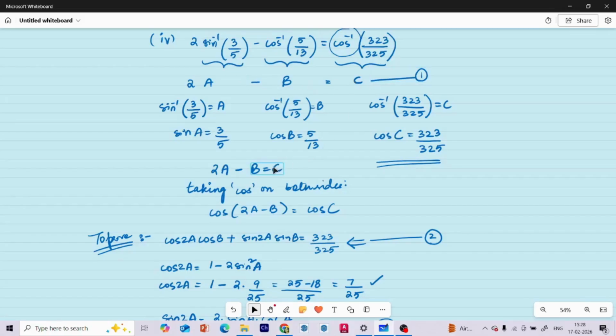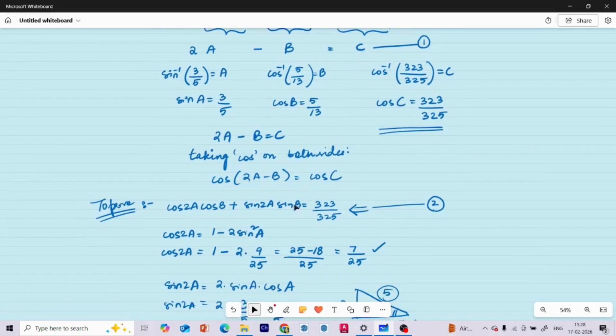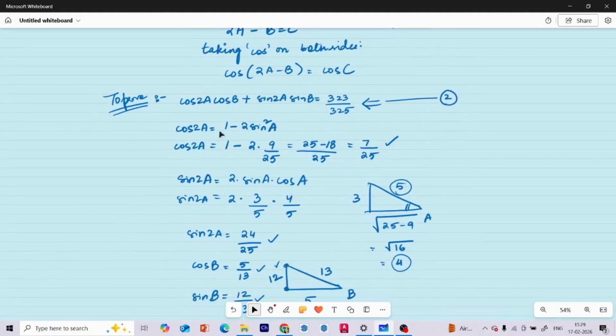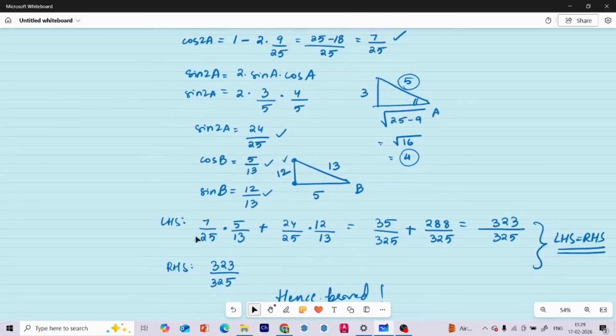Then we took equation 1, and then we saw on RHS there was cos inverse, so we should take cos on both sides. Okay, so once you take cos on both sides, this will be our expanded formula. Okay, we applied cos A minus B, so we got this. And then in this equation 2 we just found out different values: cos 2A value, sin 2A value, cos B, sin B values. Having found all of them, we will replace them in the given equation and get that LHS is equal to RHS.